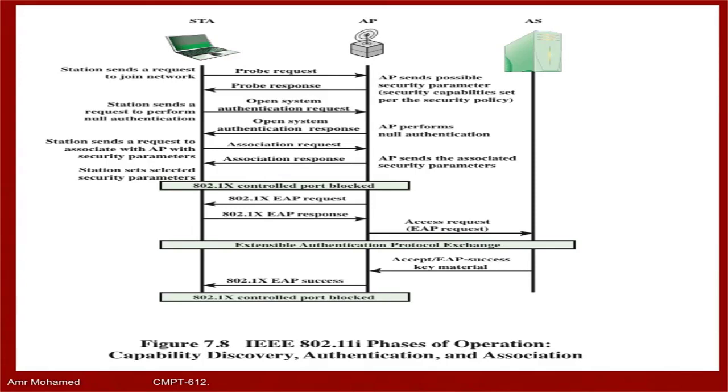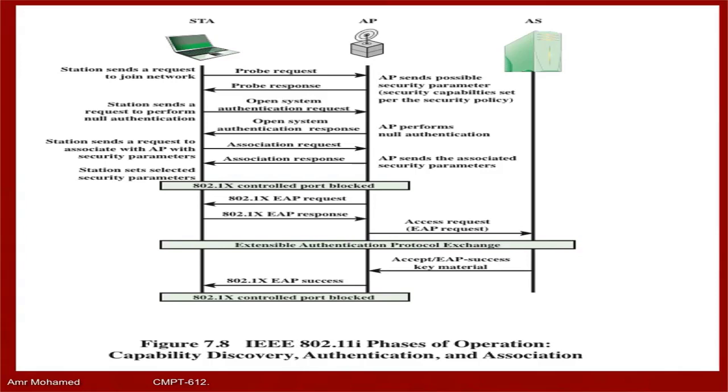So at this point, the station was successful in authenticating itself. Now it sends back the association request, which is needed now to establish the parameters, some parameters related, for example, to what channel to be used, things like that.